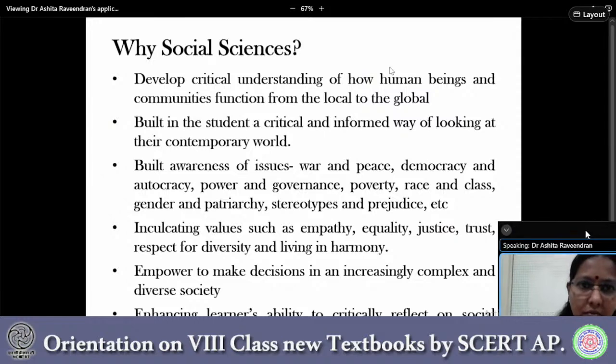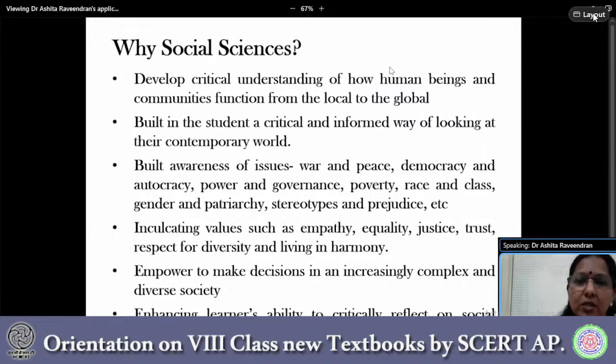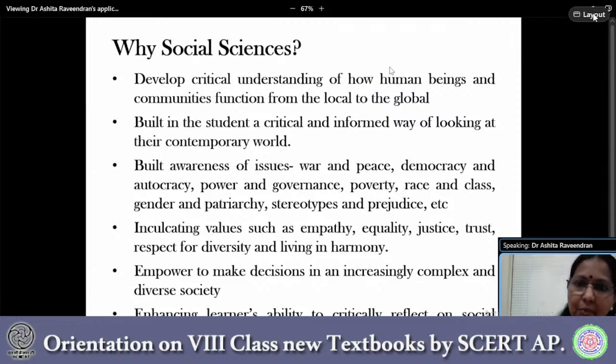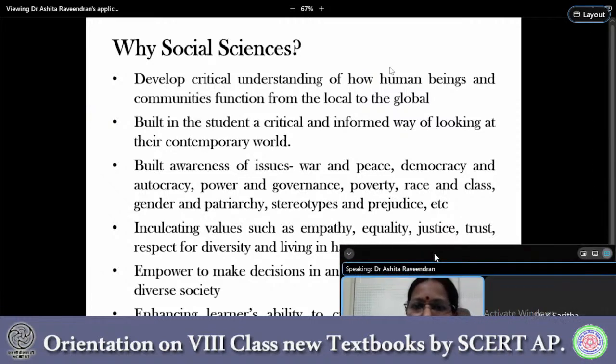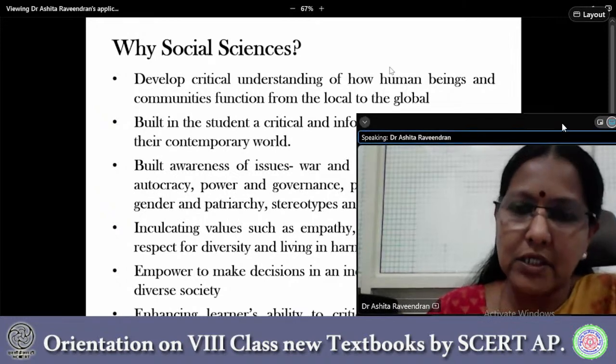It's not just information about the community. It's not just information about the past, what has happened. It's not the information about the geographical scenario or geographical features in the present world.